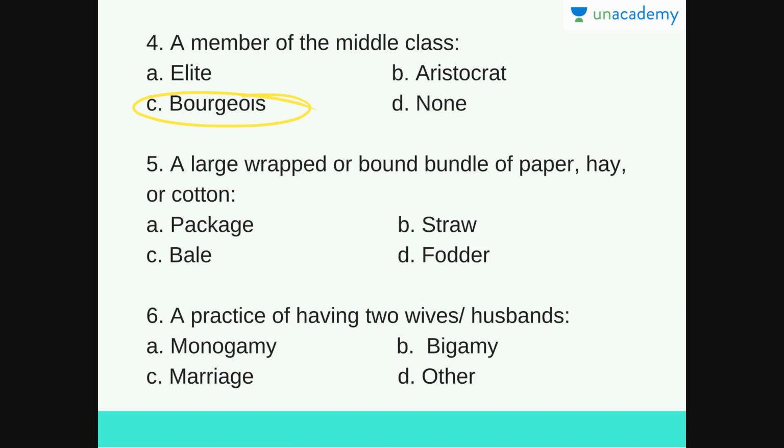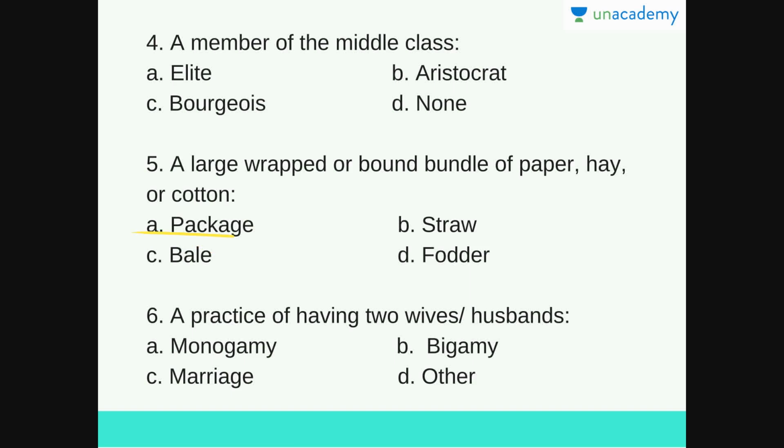Next question is a large wrapped or bound bundle of paper, hay or cotton. Let's look at the options: package, straw, bale and fodder. The correct answer is C, bale, which is a large bound bundle of paper, hay or cotton for storage or transport.